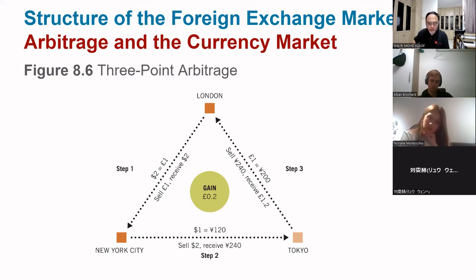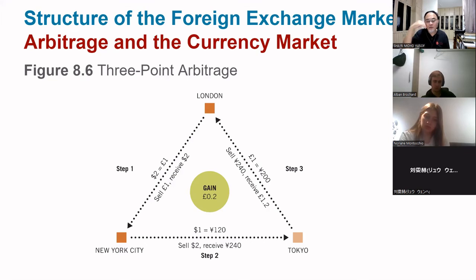So they use these cross rates. Cross rates are calculated using a third currency. For example, in this case, £1 divided by $2 multiplied by $1 divided by 120 yen will give you £1 equals 240 yen.